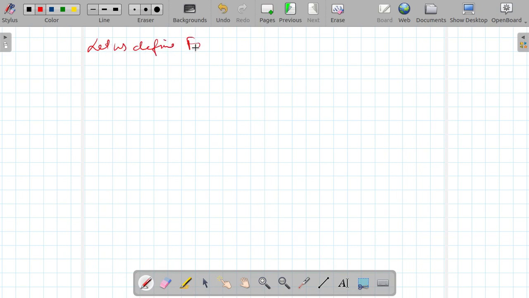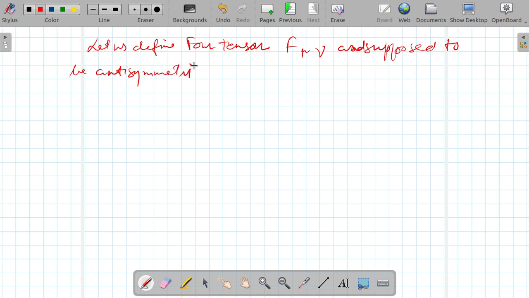Let us define the 4-tensor F mu nu, which is supposed to be antisymmetric. So F mu nu is equal to ∂A nu/∂x mu minus ∂A mu/∂x nu, and let us call it equation number 5.